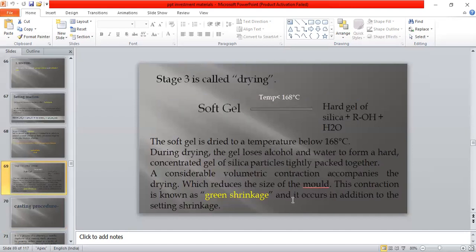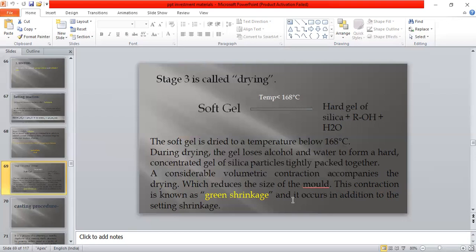So here our investment material is over. In investment material we discussed three types: first gypsum bonded, second phosphate bonded, and third silica bonded. Gypsum bonded investment is used for casting of gold alloy, and it can withstand a temperature of 700 degrees centigrade.